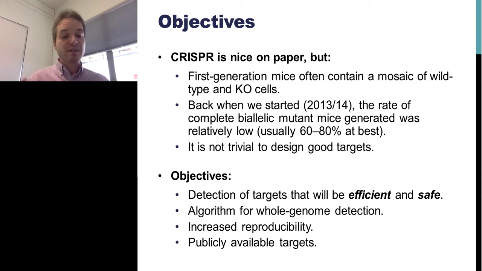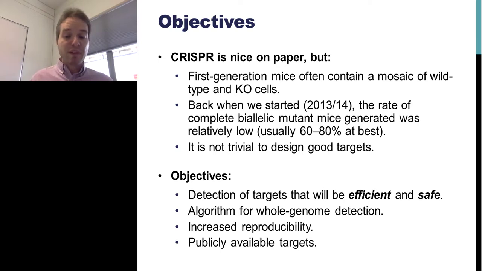And also, even if we have a good CRISPR target, the results are promising, it's actually not that easy to design a good target. And so based on all that, our objective was to develop a method that can detect targets that will be efficient and safe. We'll define these two terms in just a moment, but use that sort of detection strategy to develop an algorithm that will detect targets in the entire genome.